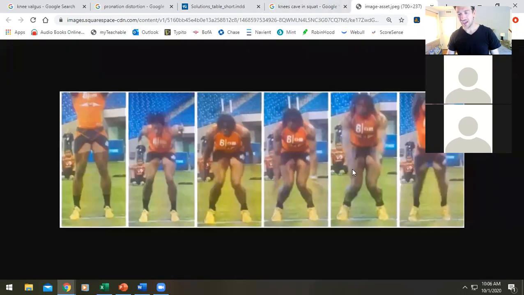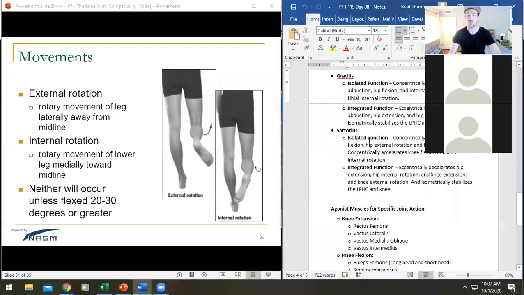So see how the knees are caving in? That is external in terms of its relationship with the rest of the bone, right? So this bone is here, but now this is externally rotated. So we're seeing feet flatten, tibial external rotation, knee adduction, femoral internal rotation. Because the femur is internal, the tibia is external, and that's why it is the way that it is.